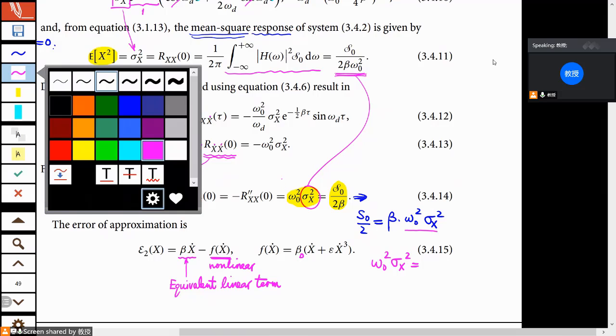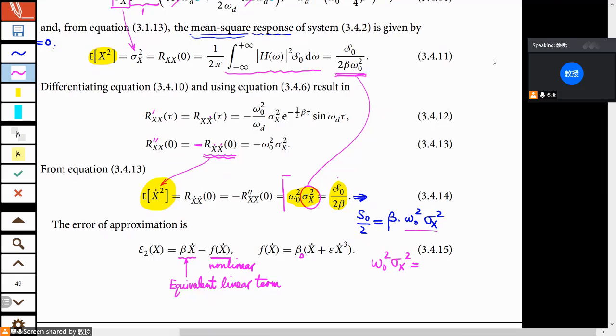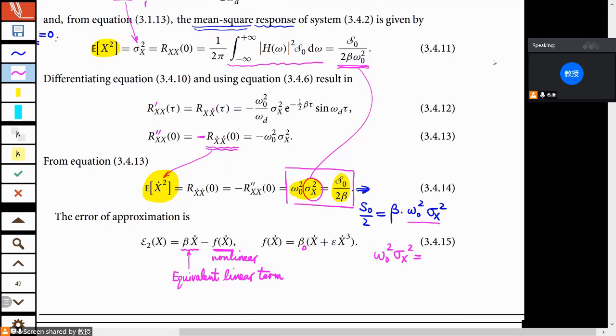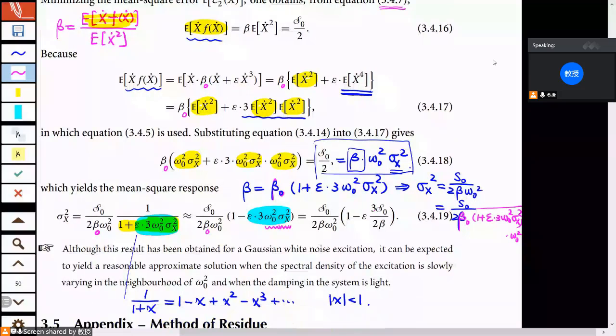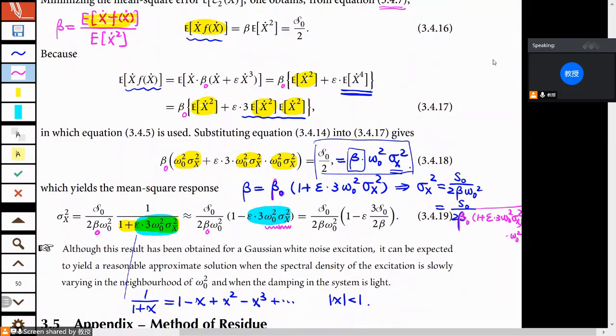Use this term. This term is replaced by this, beta 0.